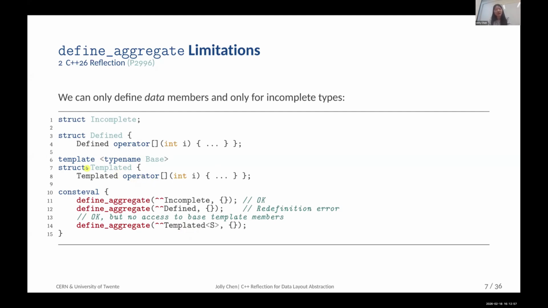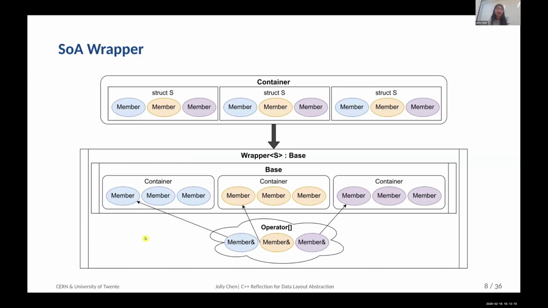So this would allow us to generate more structures using one declaration, but it still doesn't solve the problem of having an index operator. So what we can do is create a wrapper that inherits from a base class that contains the SOA-ified members. We would call define aggregate on this base structure, but then outside of this base structure and inside the wrapper, we define an index operator.